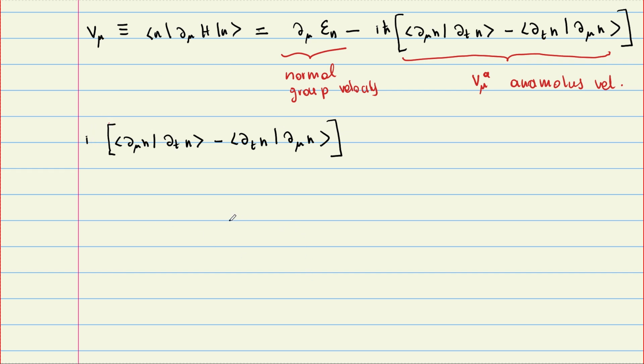So this thing, there is a time derivative, but these n's are parameter dependent, right? So what I want to do is ∂t n, I'm going to write it like this: sum over μ, ∂ of my parameters R, ∂R_μ/∂t.